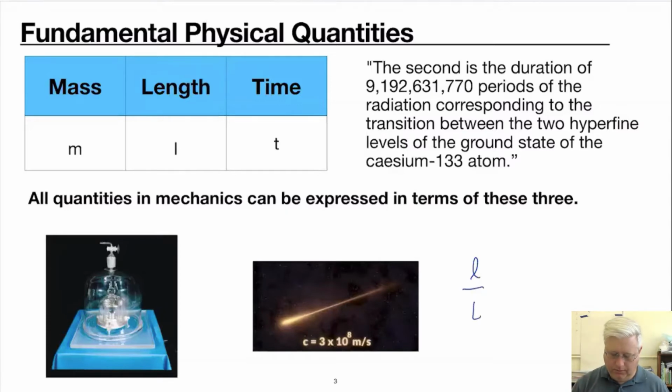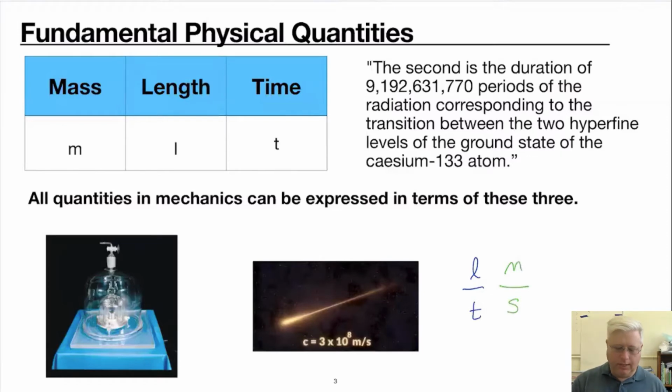So length per time is speed. You'll notice for the speed of light, the units are m/s. I'll do units in green. Meters, m, is the unit we use for length, and s is seconds, the unit we use for time.